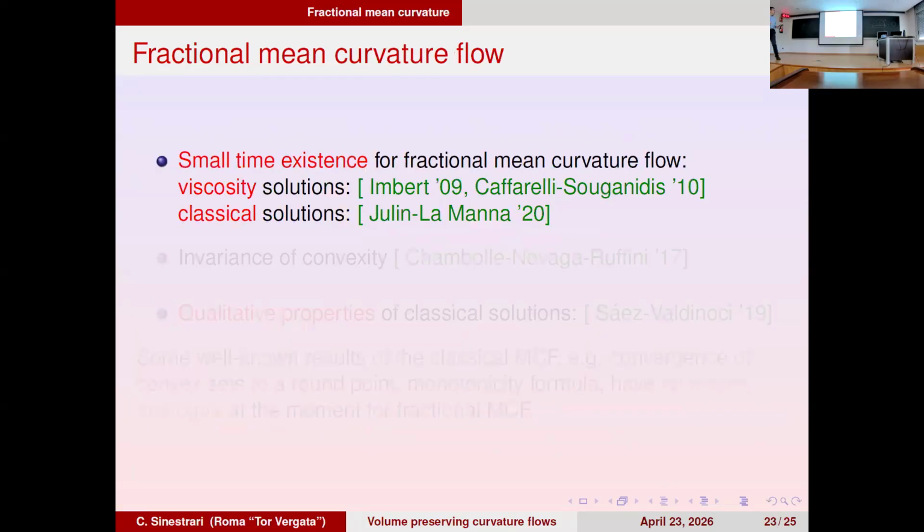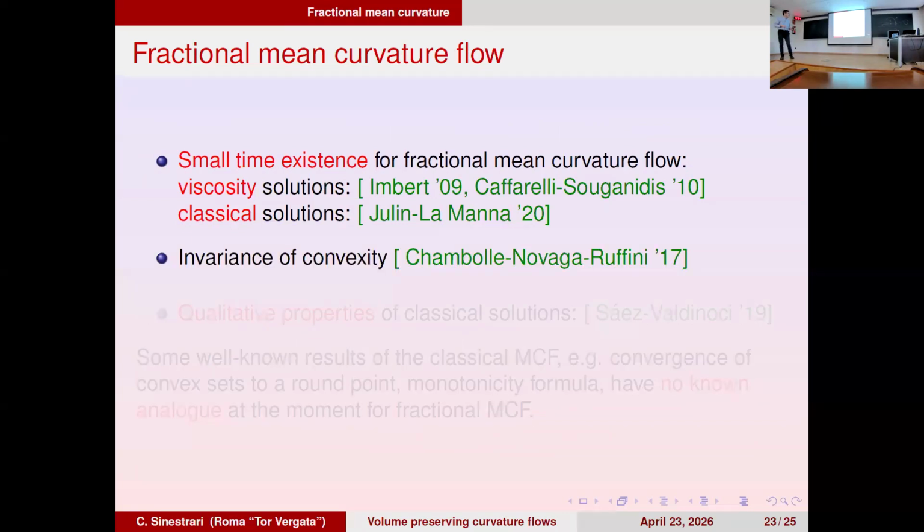And so what's known about the fractional mean curvature flow? Not so much. It's really a hard problem in general. The first results were for weak solutions, the reverse order with respect to the classical case. Then eventually also for classical solutions. There is invariance of convexity.